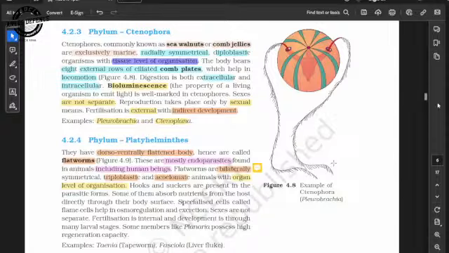What is the difference between organ and organ system level of organization? Organ system means a group of organs work together. So they are in coordination?